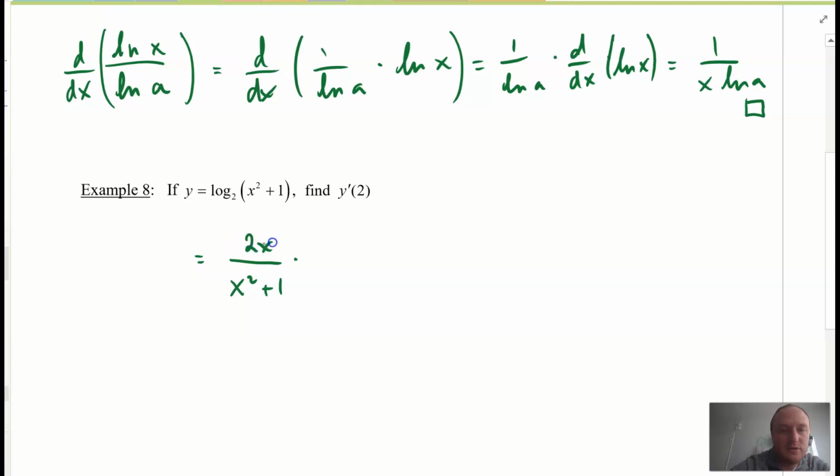So I have 2x, and notice this is not the natural log function. We're dealing with log base 2. So again, like our formula says here, we have to multiply by 1 over the natural log of the base. So multiply by 1 over the natural log of 2. And there is our derivative.